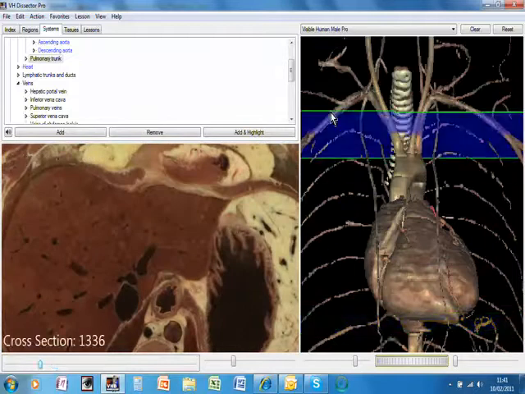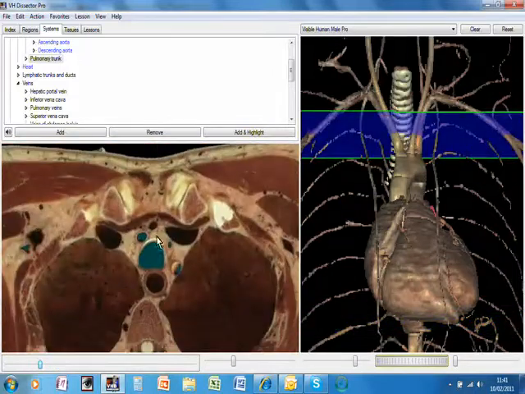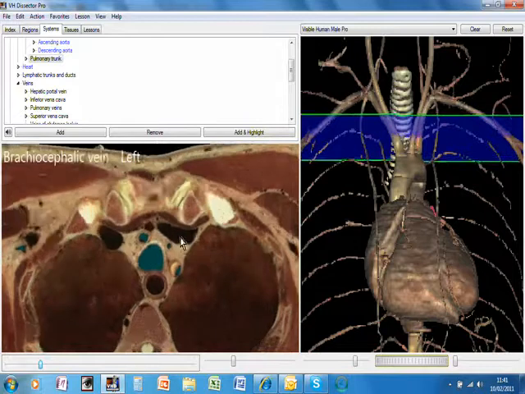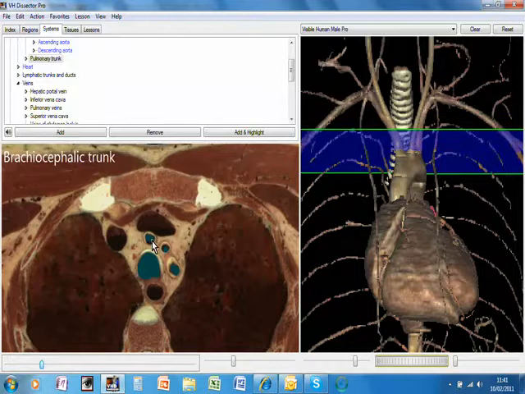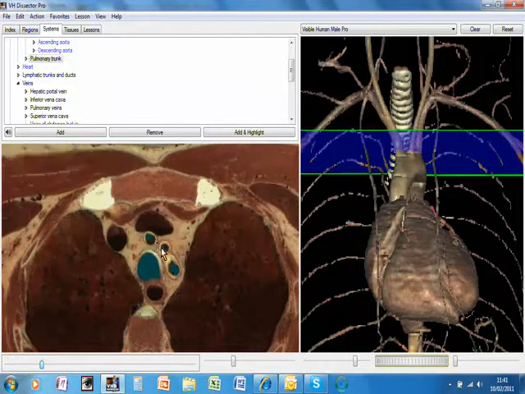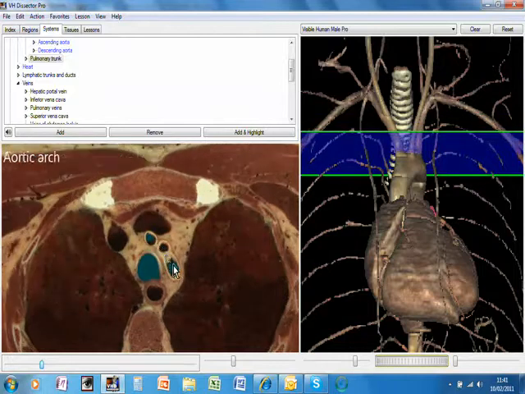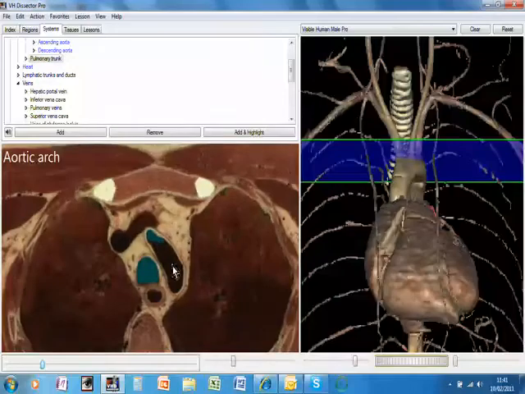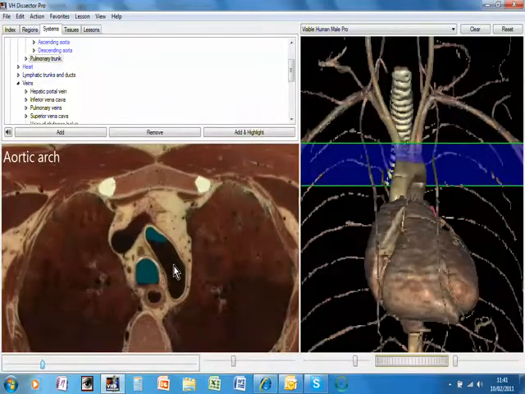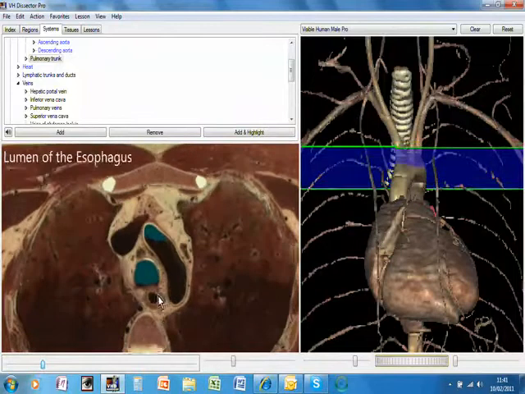I'll just scroll from the top down and look at some of these structures again to recap. Left brachiocephalic vein, right brachiocephalic vein, brachiocephalic trunk, left common carotid artery, left subclavian, uniting as they leave the arch of the aorta. Here's the trachea and the esophagus.